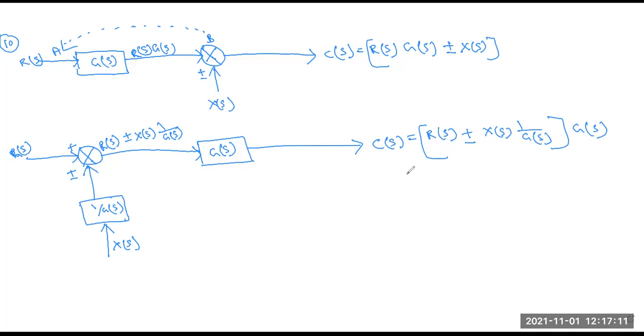So now we solve this equation, that is R(s) into G(s) plus minus, G(s) and G(s) cancel, so only X(s) remains. So this is basically the complete output function from these equations.